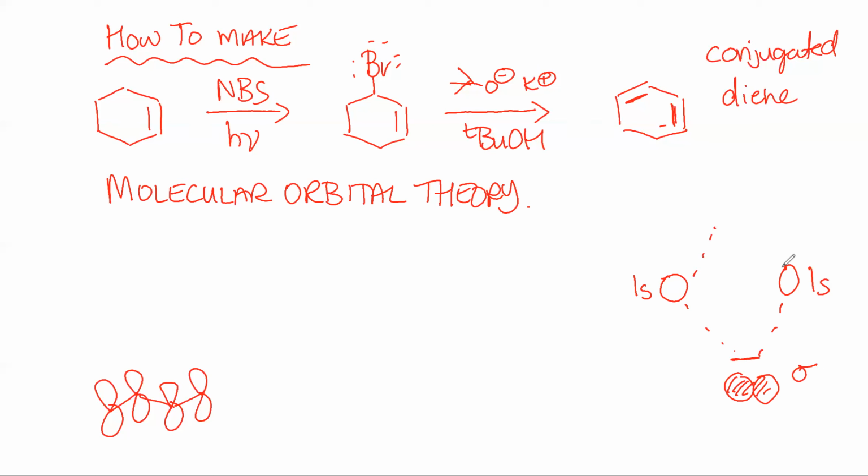The anti-bonding orbital would be up here, and there would be no electron density because there'd be a node right here, and the two orbitals would be out of phase. So this would be the sigma star. Put a little electron here, a little electron here, and you put them both in the bonding orbital and you formed your sigma bond, which is made up from the two s orbitals.